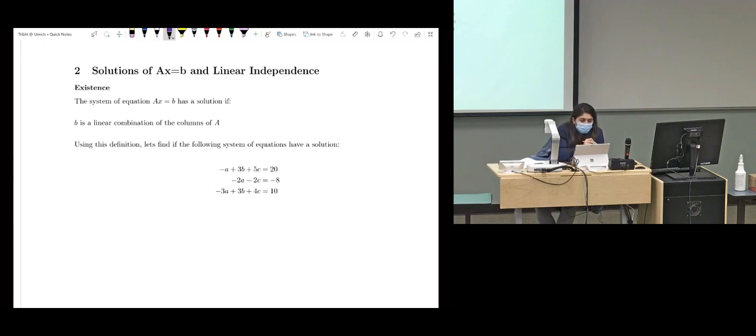Now, how is this intuitively understood?